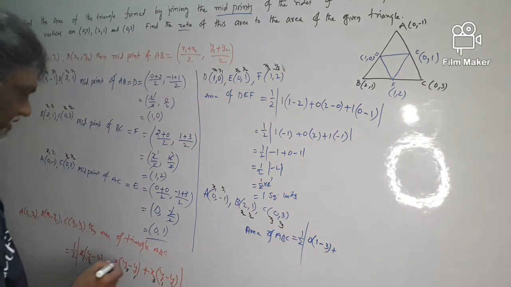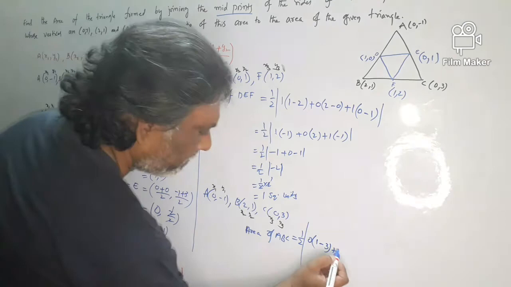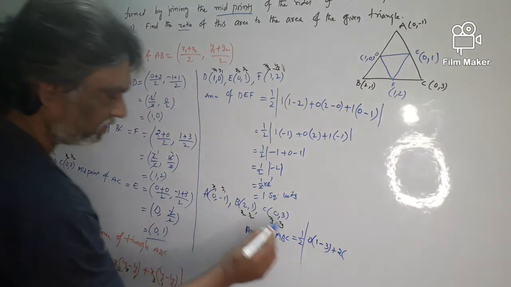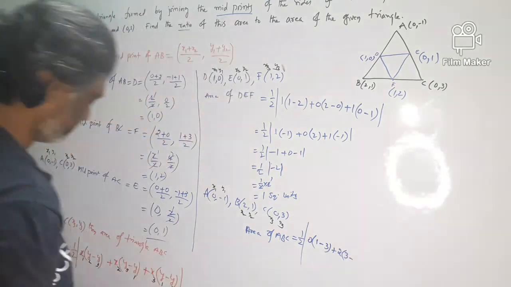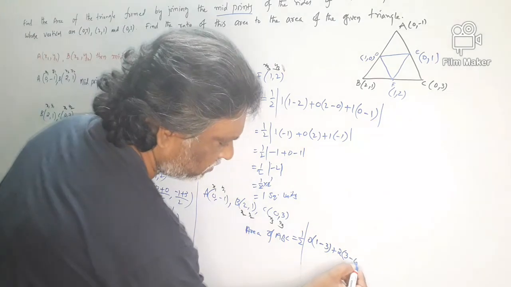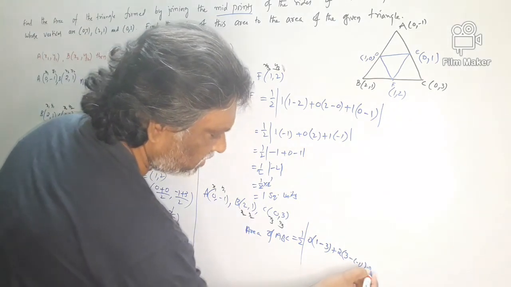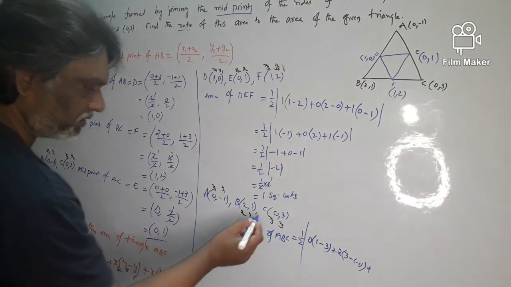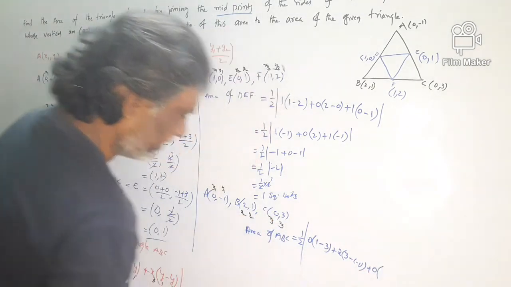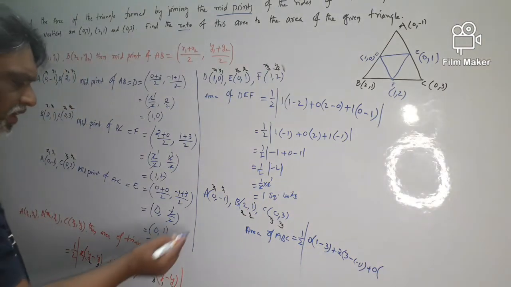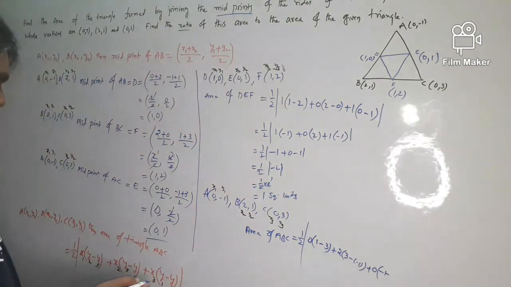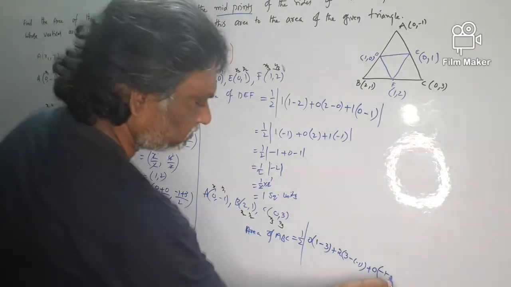Plus x2 2, y3 3 minus y1 minus 1, minus of minus, plus x3 is 0 into y1 minus 1 minus y2 is 1.